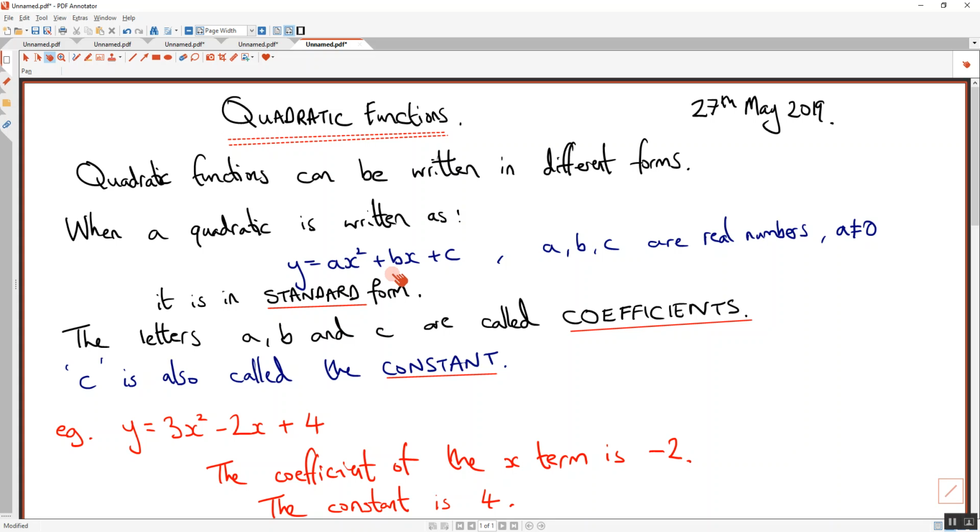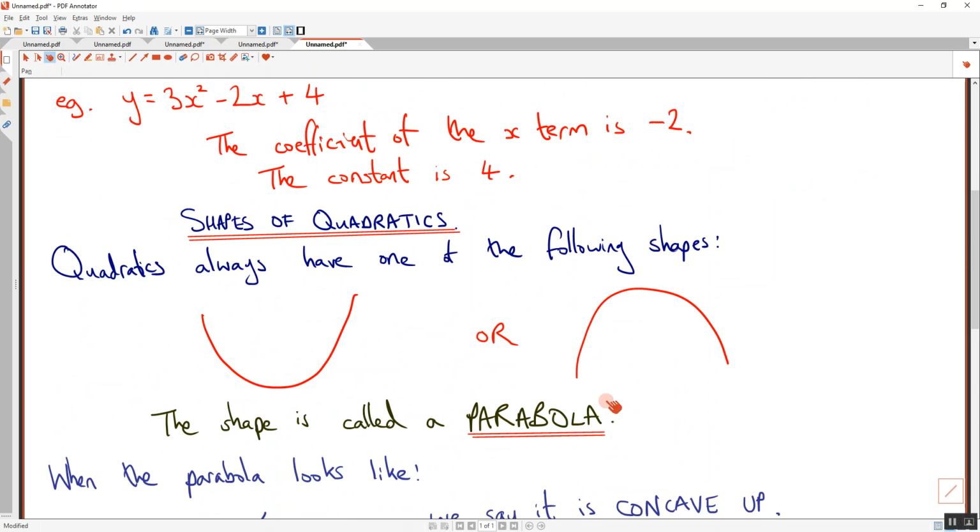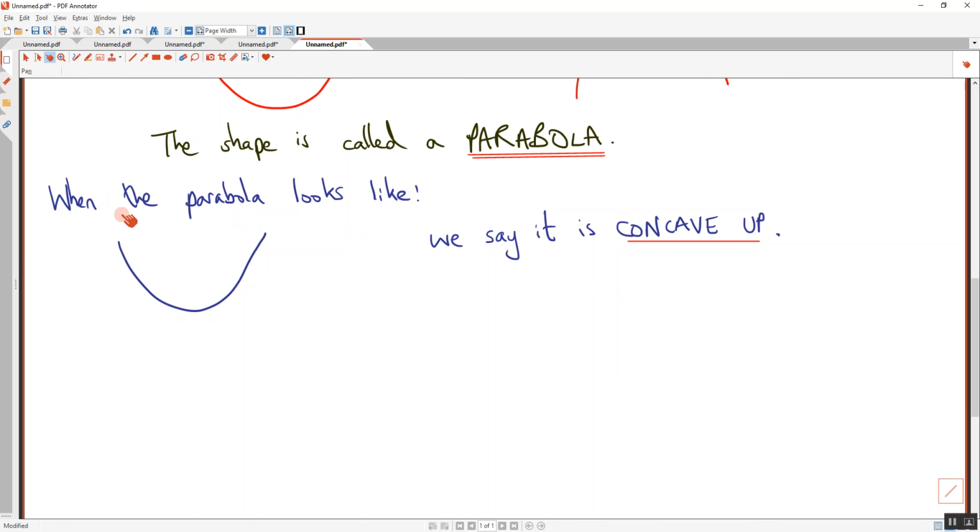What is b the coefficient of? X. B is the coefficient of x. So when the parabola looks like this, smiley face, what is positive? The coefficient of x squared is positive, okay?